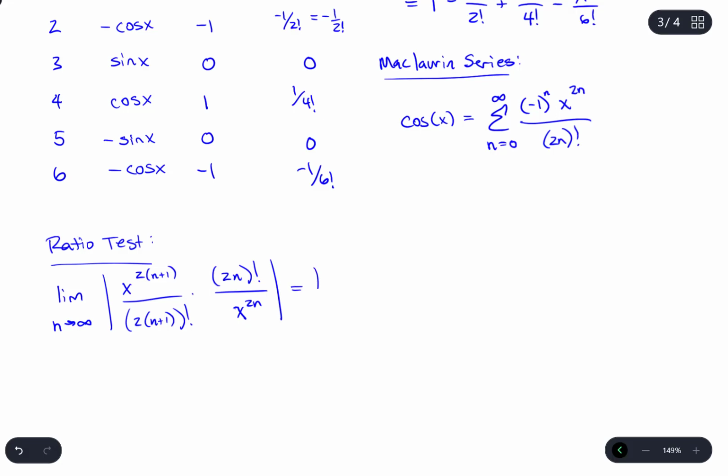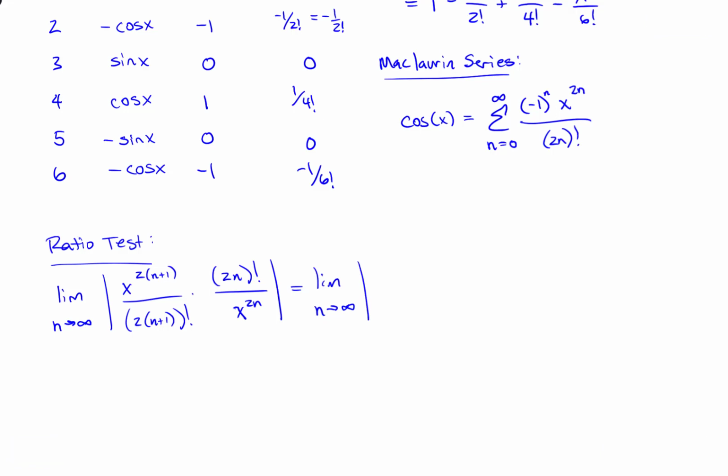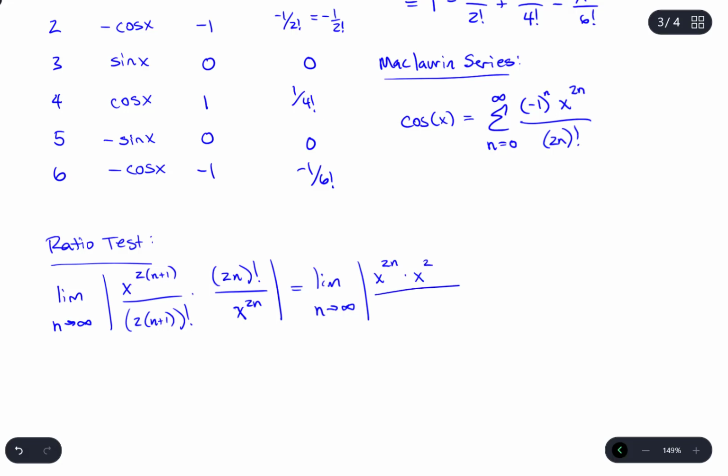And let's see what we can do about simplifying. All right, so distributing this 2, that would be 2n plus 2. I could write this as x to the 2n, and instead of 2n plus 2, I could make this times x squared. The denominator, that would be 2n plus 2 factorial.